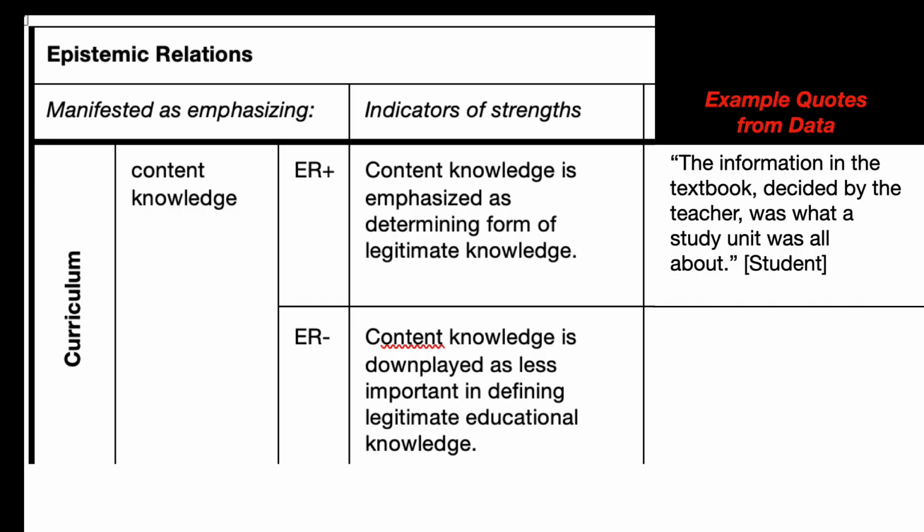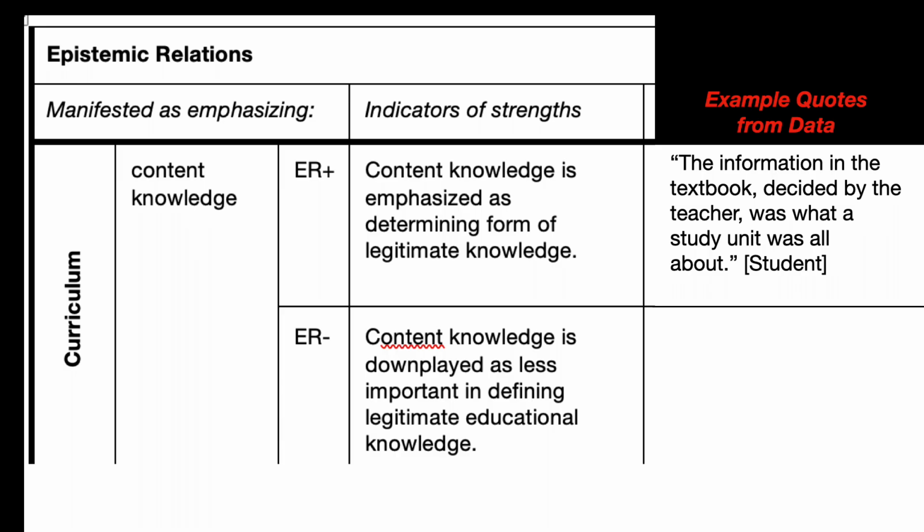For example, in the area of curriculum content knowledge, this illustration of strong epistemic relations was chosen. So this is a quote from the data, so a selection from the data. The information in the textbook decided by the teacher was what a study unit was all about. So that's a quote from a student.